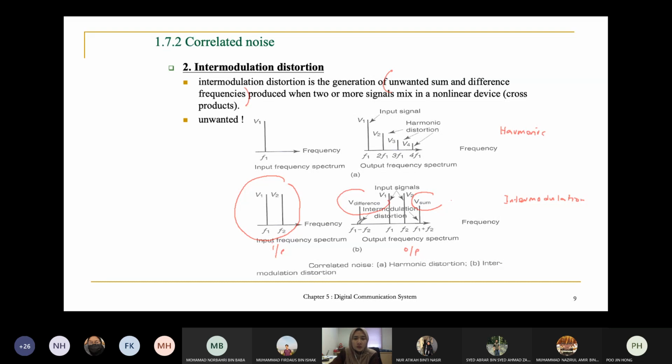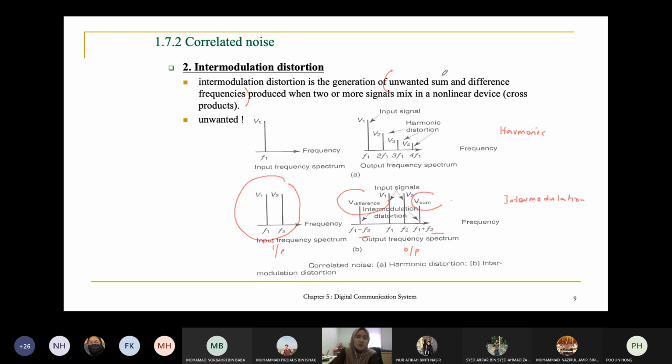The frequency for the V difference is F1 minus F2, and for the V sum is F1 plus F2. That's why the definition is unwanted sum and difference frequencies produced when two or more signals are mixed in the nonlinear device.